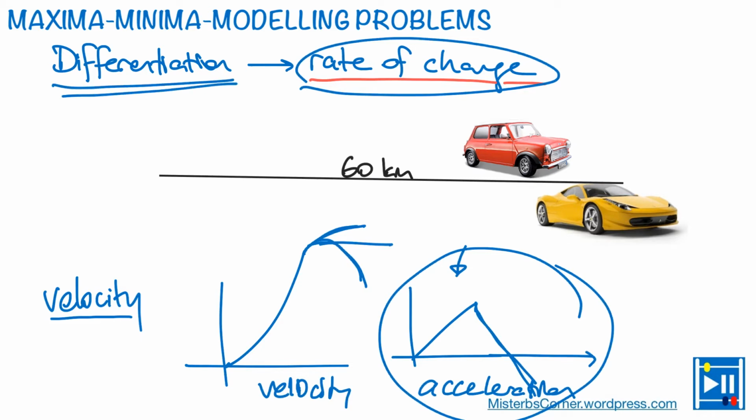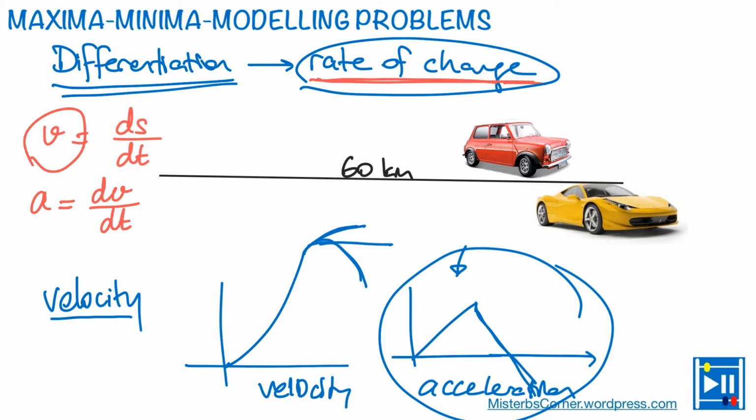And I think from IGCSE you remember that we calculate velocity from the derivative of displacement versus time, and we calculate acceleration from the derivative of velocity versus time. So these are all calculations of rate of change. How fast is a car compared to the other, that is velocity. How fast is a car getting faster or slower, that is acceleration.